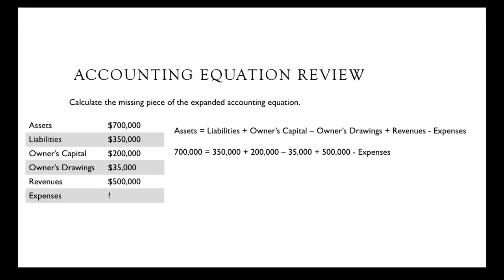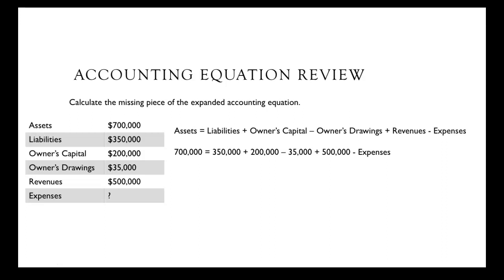Our assets were $700,000. So $700,000 equals our liabilities of $350,000 plus our owner's capital of $200,000 minus the owner's drawings of $35,000 plus the revenues of $500,000 minus expenses, right?